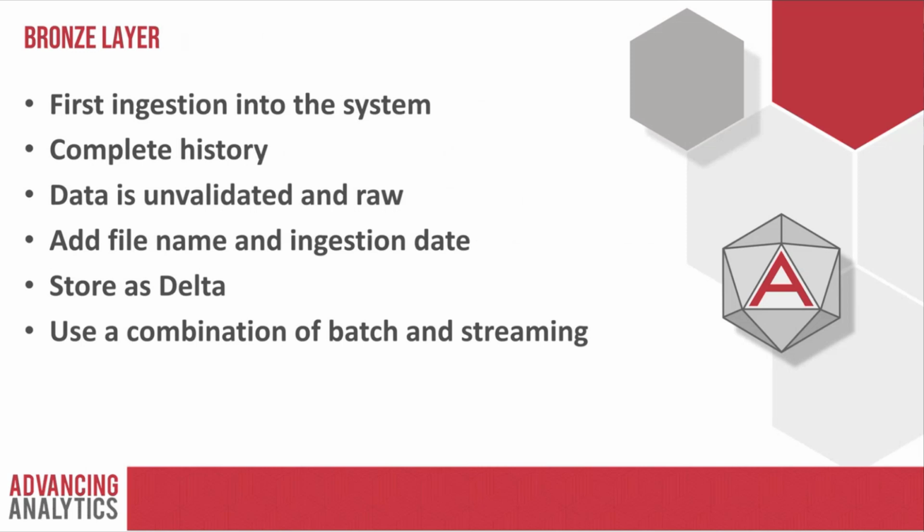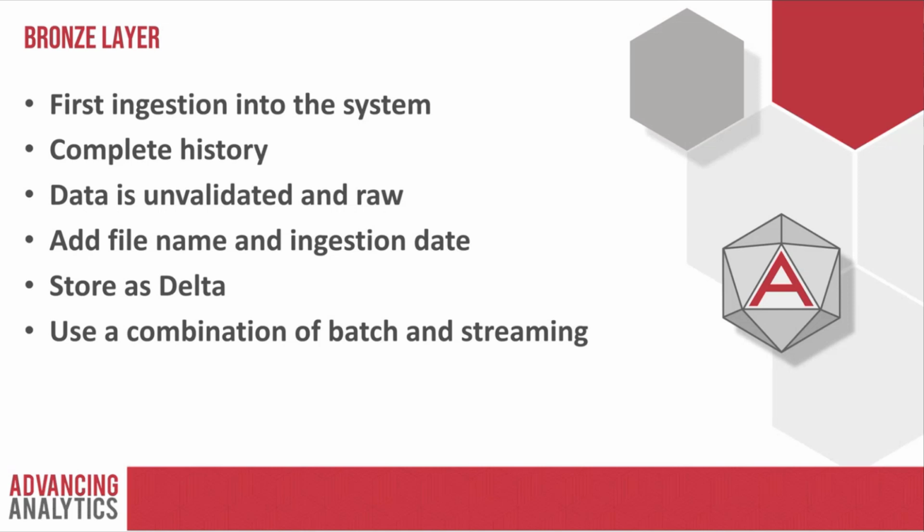So the bronze layer will be the first ingestion into the system. It will be the complete history of your data, hopefully. So your data will be unvalidated and raw. You might want to add a file name and ingestion date, which will probably help you out later on with troubleshooting and searching for duplicates and things like that.